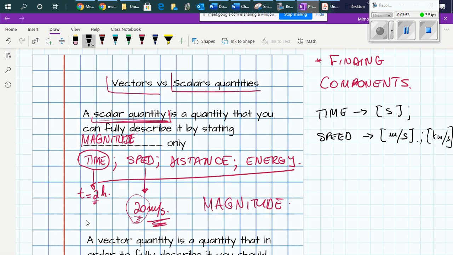And then distance has the units of meter, and sometimes we use kilometers, millimeters, centimeters, but the international system unit for distance is meters.